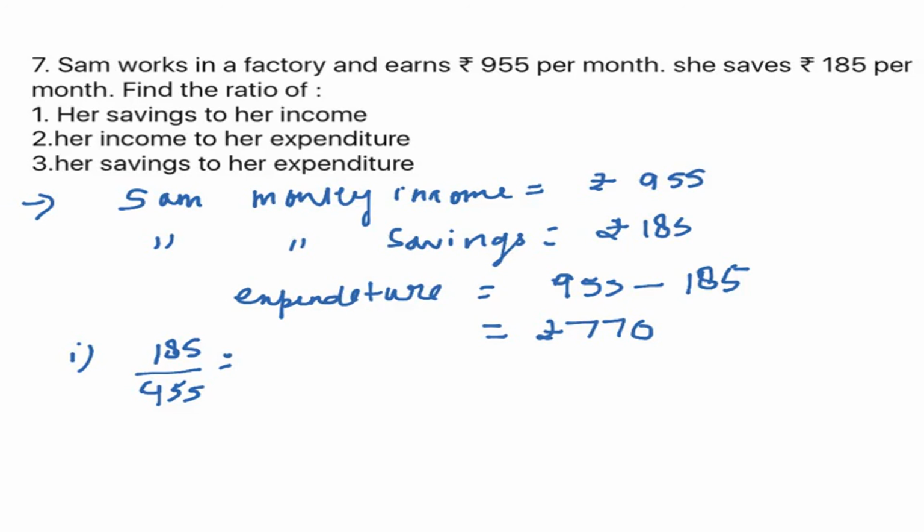Now divide numerator and denominator by 5. 185 divided by 5 will give us 37 and 955 divided by 5 will give us 191. So the required ratio is 37:191.